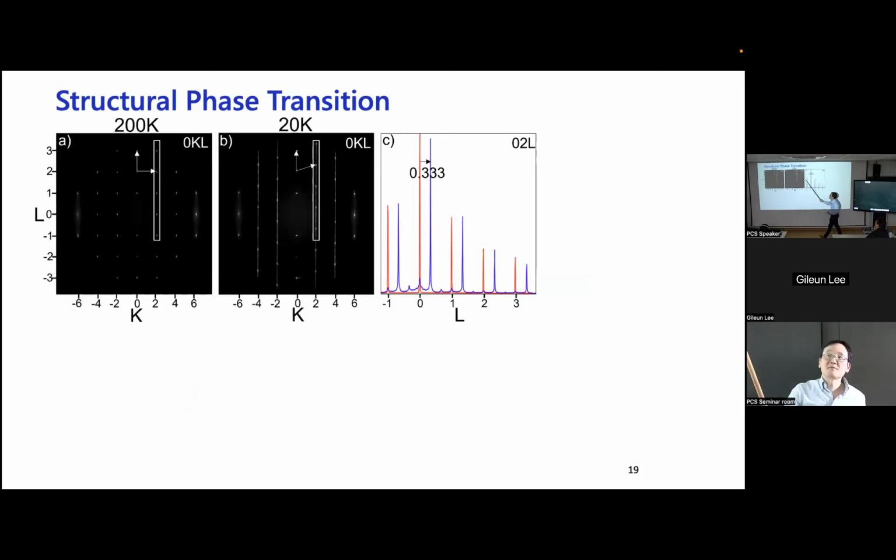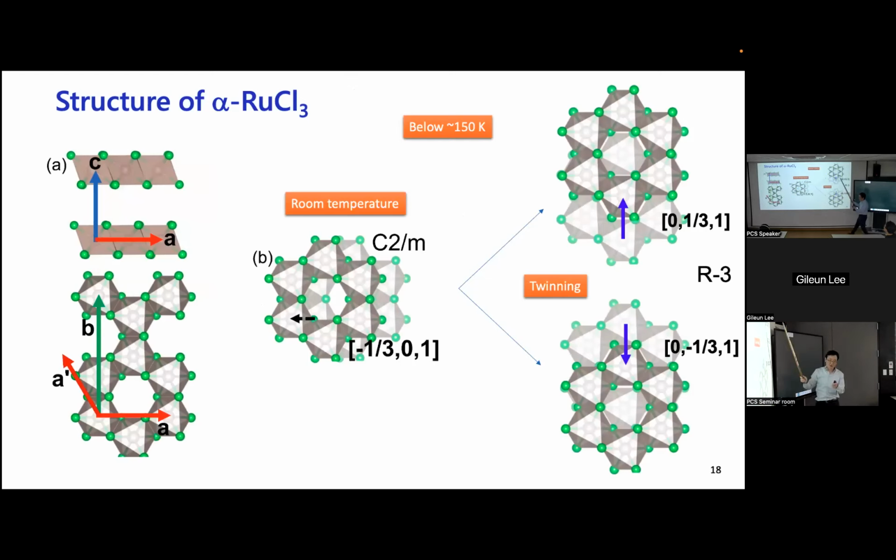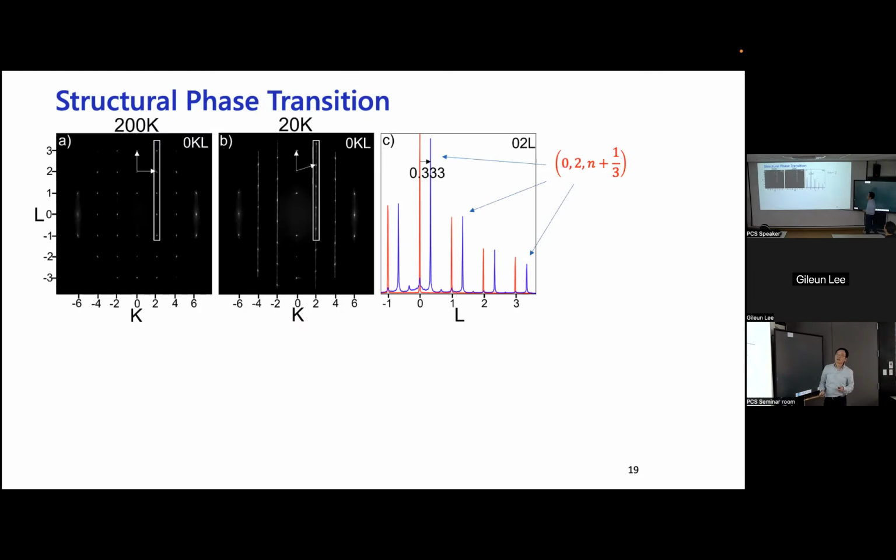That is significant, because it signifies that it is now stacked along the B direction. You can ignore these streaks, because this is a logarithmic scale, so they are quite small. Comparing these two, you can easily see a shift of the Bragg peaks from integer positions to 1/3 positions, and that signifies this stacking. That's what we see as the structural transition going from here to there. What's significant is that we don't see much of the other twinning.